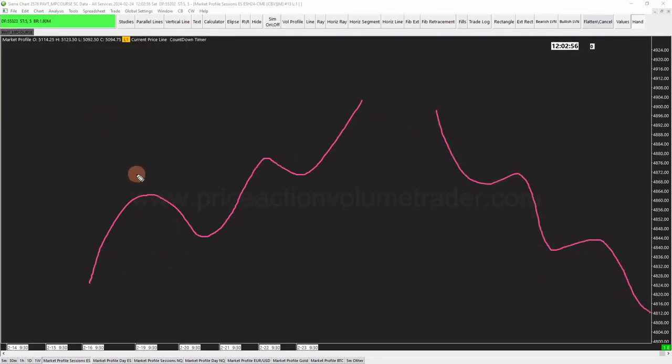If we apply a TPO or a volume profile to this, we're going to notice high volume nodes around the areas where we accumulate the most volume, and then low volume node areas right around these pullback zones.